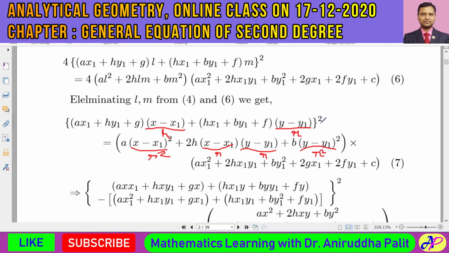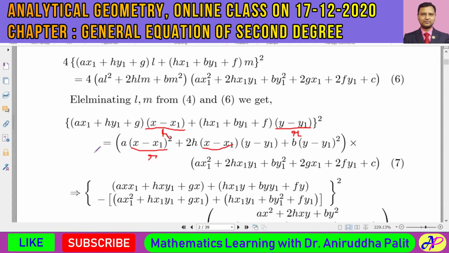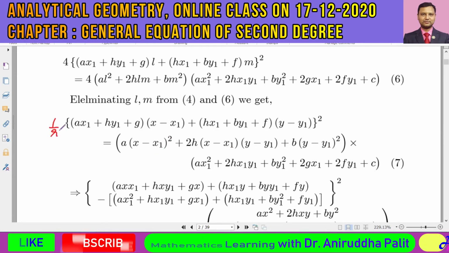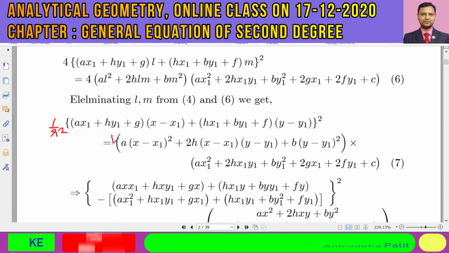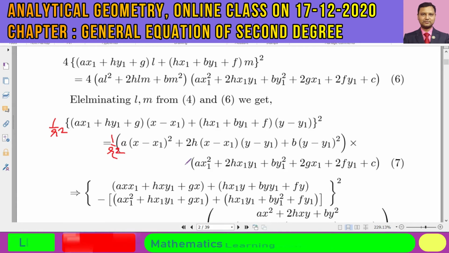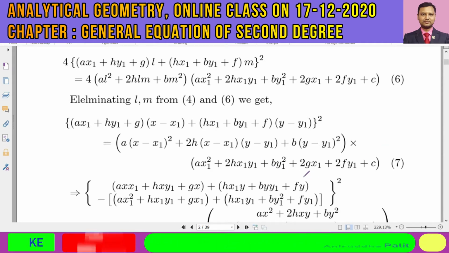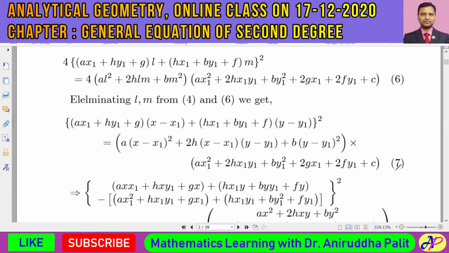Over here we have both whole square. So on the left hand side, we must have 1 by r square. Similarly, if we consider r square common, then on this portion again we will have 1 by r square. So these two 1 by r square will get cancelled, and ultimately we have this kind of expression without any small r at all. As the small r would ultimately get cancelled, I am not considering any small r over here.